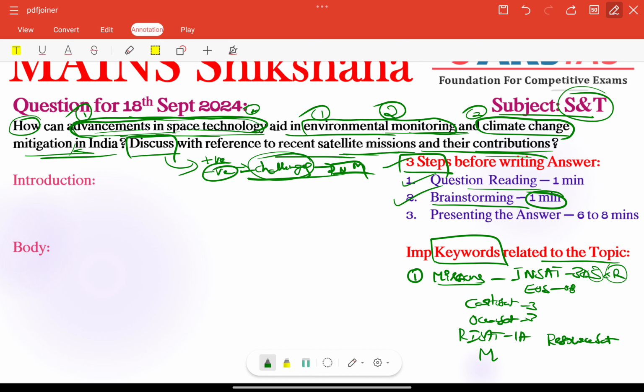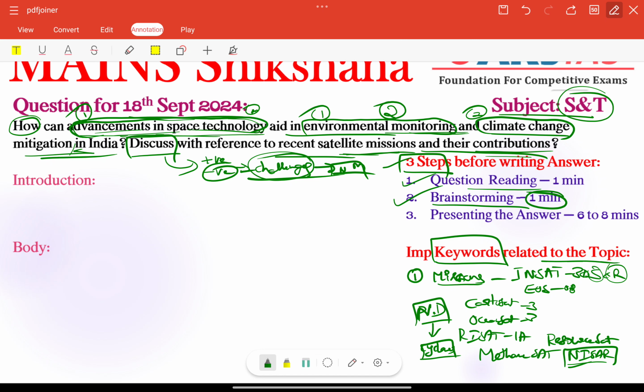We have MethaneSat, recently launched in March itself, and also NISAR, going to launch, very important. And also in between we need to provide some example-oriented information. For example, when we are talking about environmental monitoring and climate change, we need to focus on some natural disasters also, for example cyclones, recent cyclones.